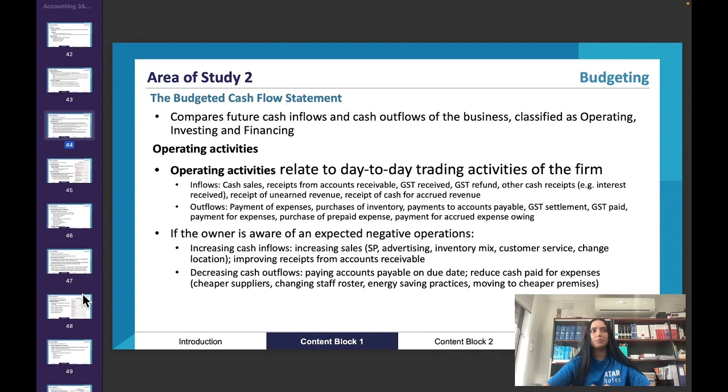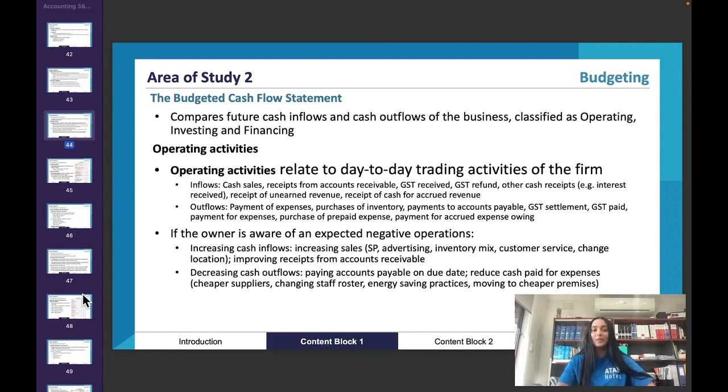If the business is predicting a negative outcome, for example, in the cash flow statement, a negative bank balance, or in the budgeted income statement a loss, or in the balance sheet a lot of new liabilities, or not a high valuation of assets, then the business isn't just going to sit by and let those negative outcomes happen.